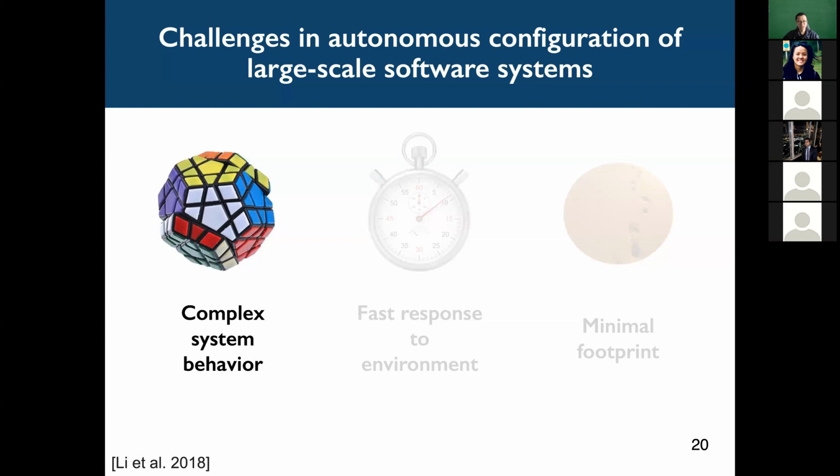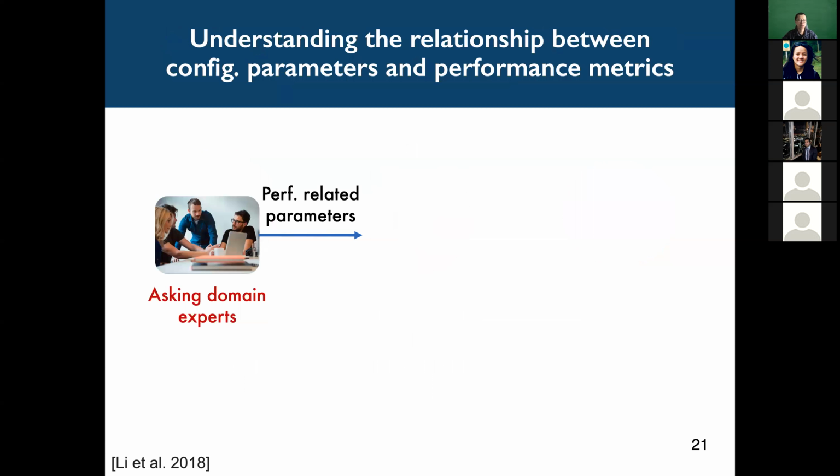To address the first challenge, we need to understand the relationship between the configuration parameters and the software performance metrics, right? So how to do it? The first step is we ask domain experts which parameters or which configurations are related to performance.